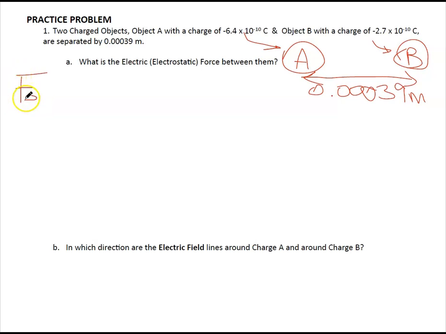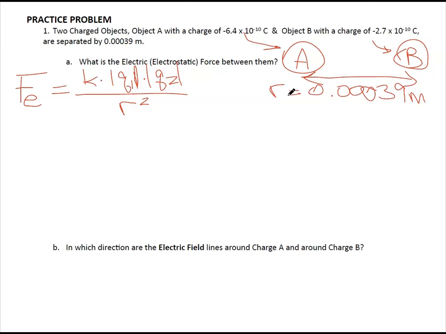Coulomb's law says that the force due to electrostatic attraction or repulsion is equal to some constant, Coulomb's constant, times the absolute value of charge 1, that's Q1, times the absolute value of charge 2. And that's divided by the distance between them squared. That's the distance R right there.